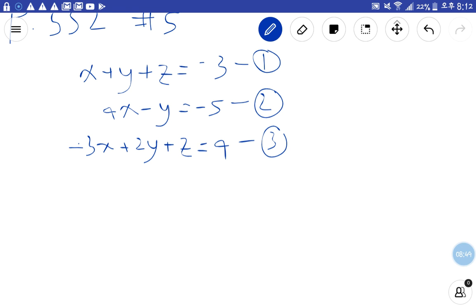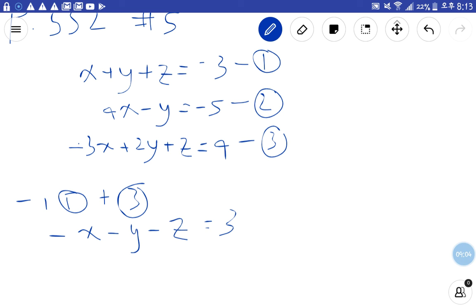Alright, so now I'm going to do this. I'm going to times negative 1 onto number 1 and add it to 3. I got negative x minus y minus z equals positive 3, and I have negative 3x plus 2y plus z equals 4.